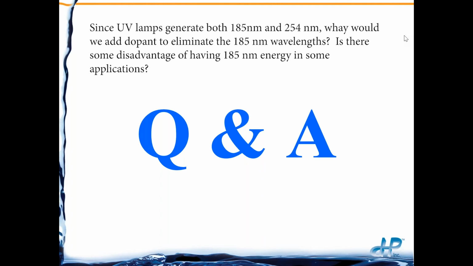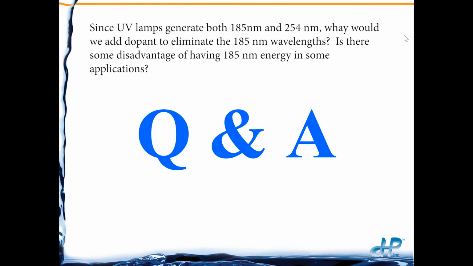So whenever you use a 185 nanometer, so again, a low pressure lamp, you are destroying organics. And the organic molecules, if they were destroyed totally, would go back to CO2 plus water. And CO2 plus water combines to form carbonic acid and bicarbonate ions and carbonate ions.